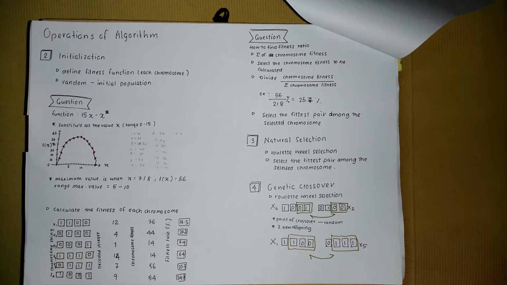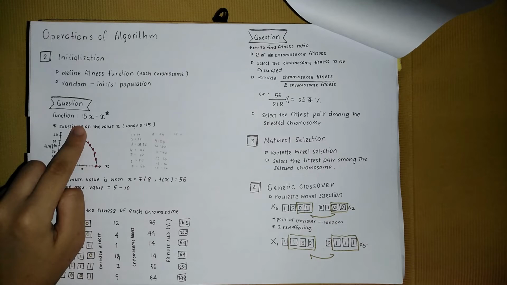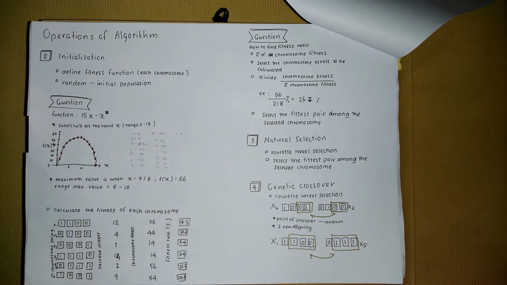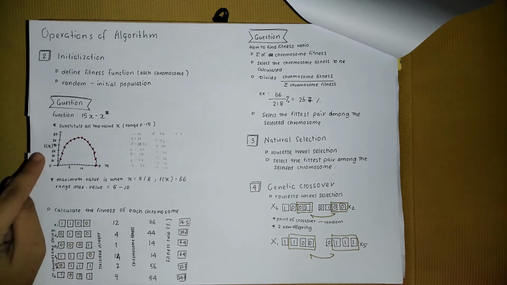It stated that the function is 15x minus x squared. Since our parameter is 0 to 15, we have to substitute every single number of x, from 0 to 15, to find out the fitness, which is f(x).